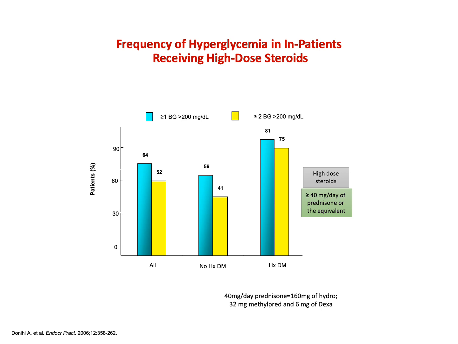These are patients receiving high-dose steroids equivalent to 40 milligrams per day or higher of prednisone or its equivalent for at least 2 days. So what are the equivalents? Down there, you see 40 milligrams per day of prednisone is equivalent to 160 milligrams of hydrocortisone, 32 milligrams of methylprednisolone, and 6 milligrams of dexamethasone.